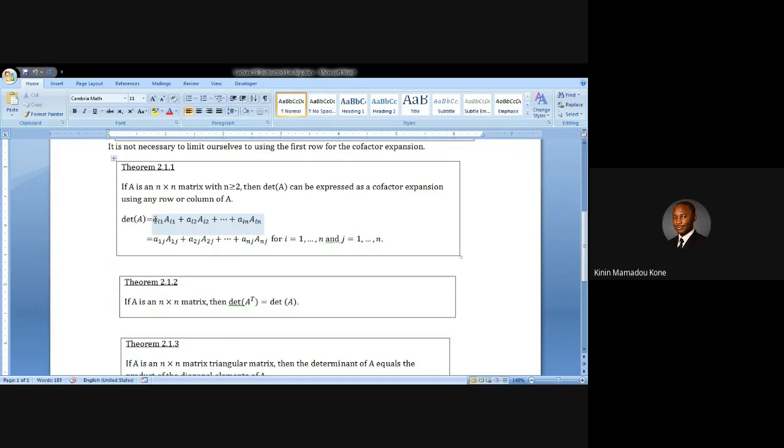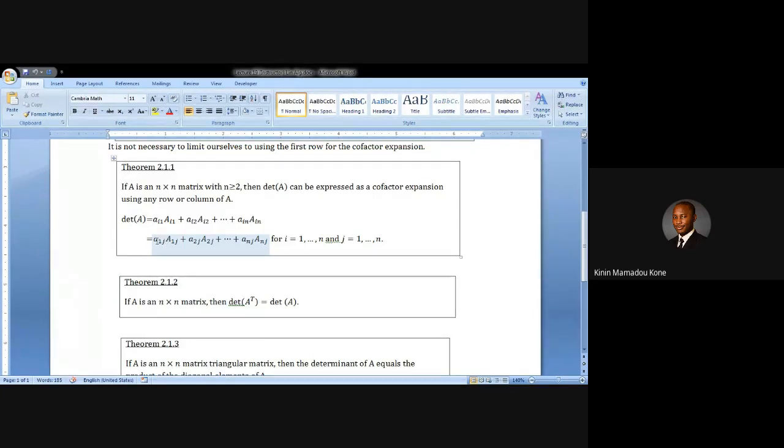If you're using rows, you are fixing one row, let's say you fix row i, can be row 1, and then you move along the columns.